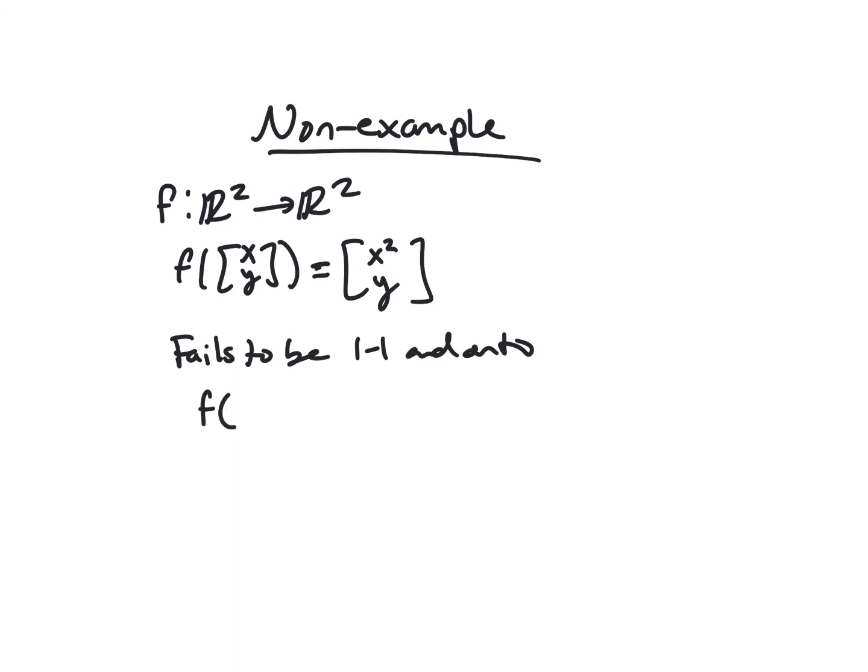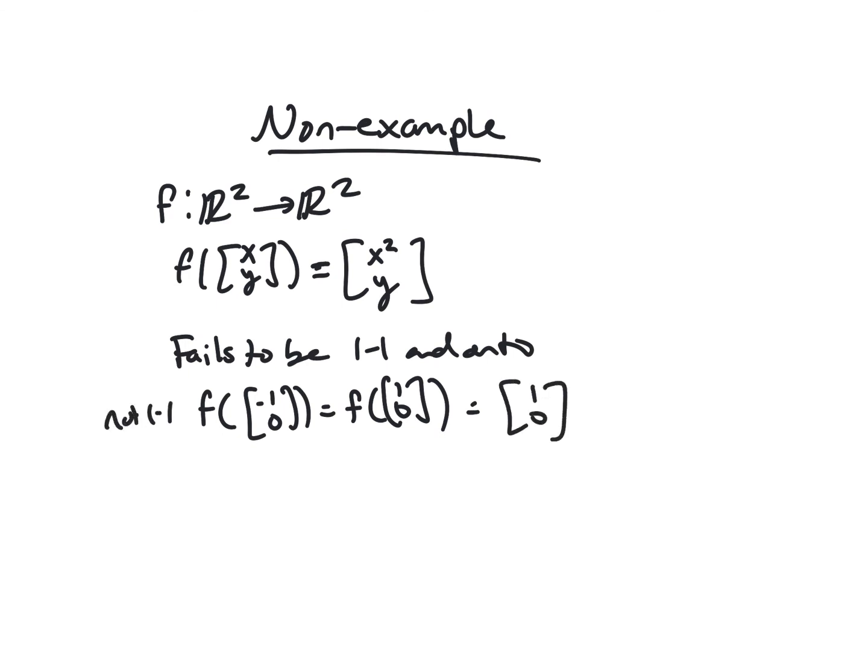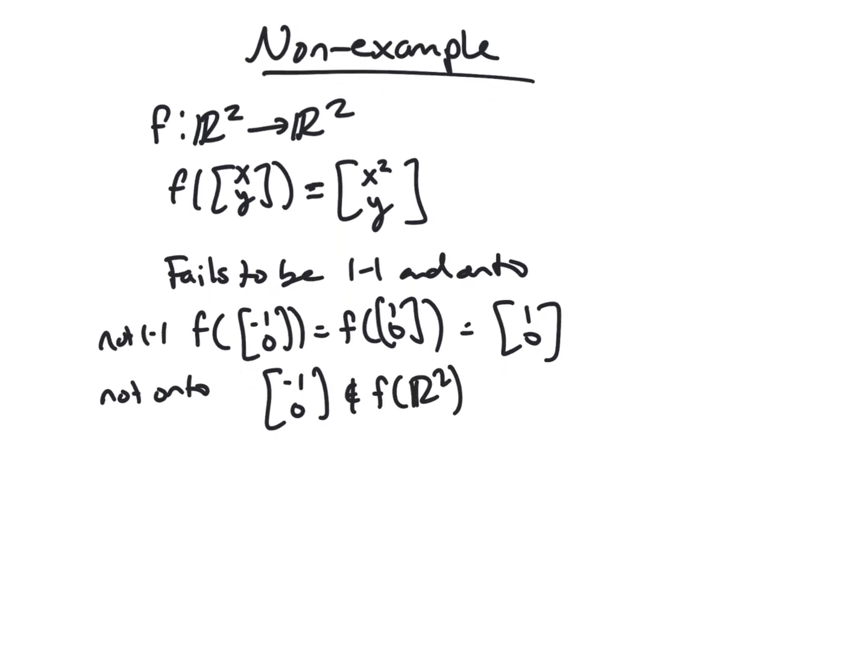In this case, we would see that f of (-1, 0) is equal to f of (1, 0), because both of those give you (1, 0). So this is not one-to-one. It's not onto, since (-1, 0) is not in the image. It's not f of anything in R2.